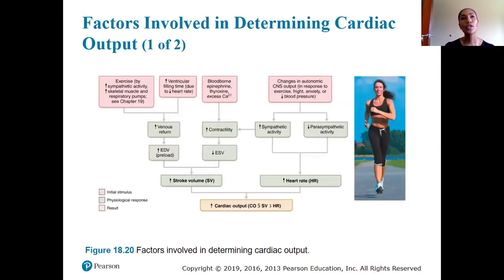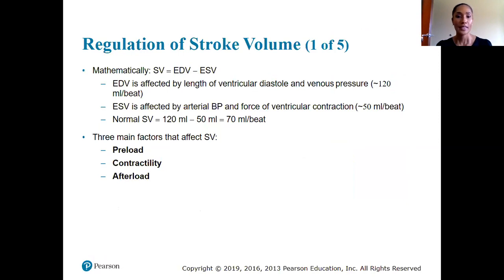For this section, I more so want you to know how we compute the cardiac output. So I want you to know it's going to be computed by multiplying heart rate times stroke volume. I want you to know what the stroke volume is, and then these factors that can increase or decrease your cardiac output. I'm not going to actually have you do the math of this, so don't worry about having to do that.